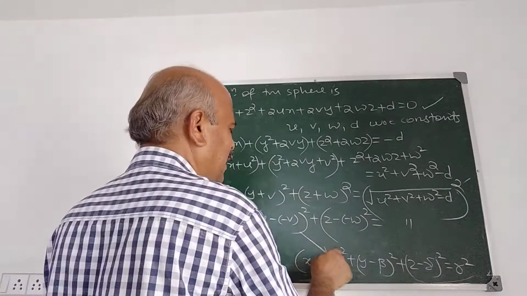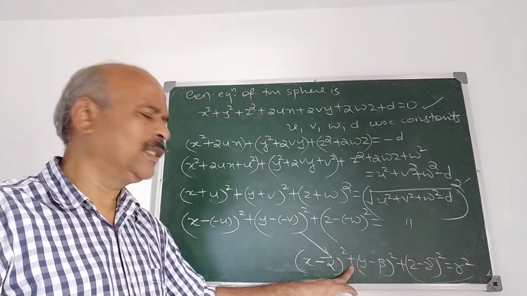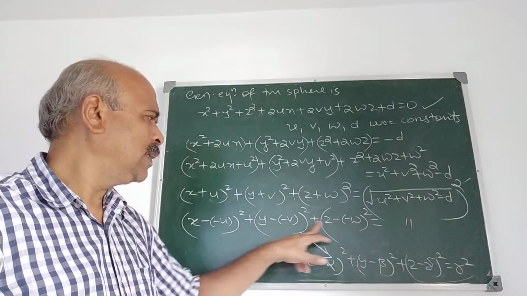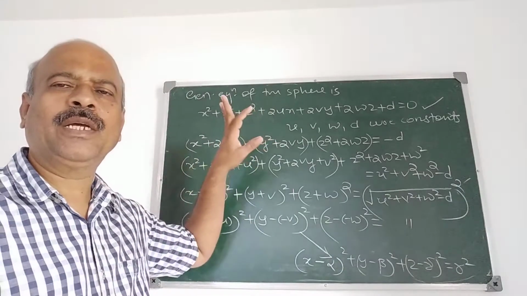Now this is exactly the same as this form. Since this represents a sphere, this equation always represents a sphere.